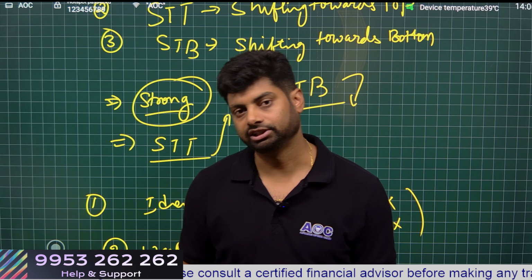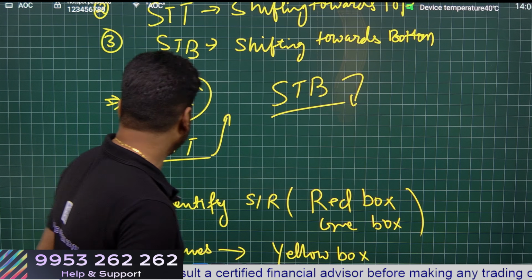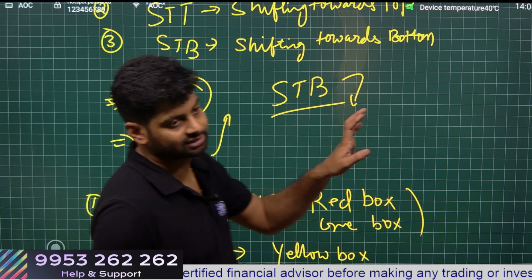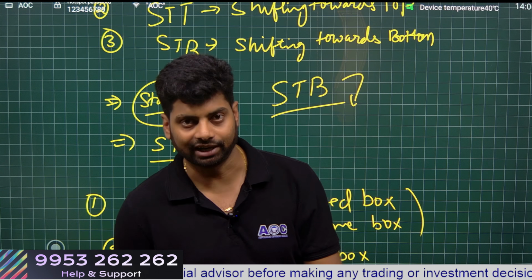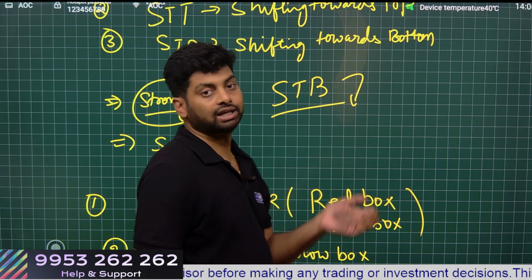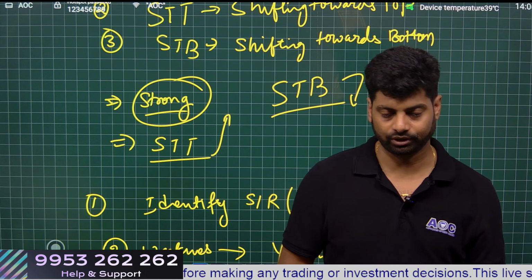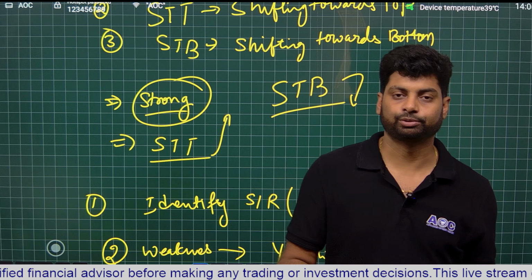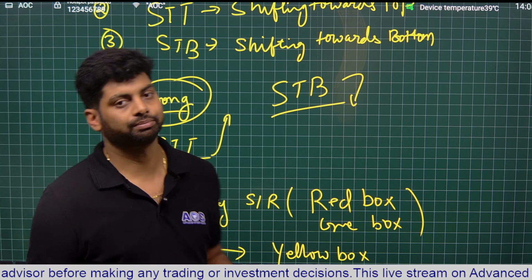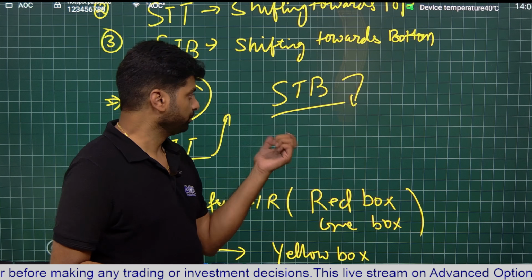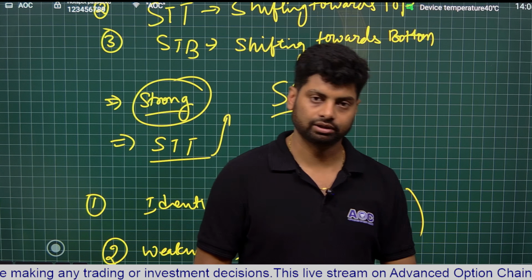This will create a bullish pressure on the market. Similarly, a support or resistance that is very likely to shift to a lower strike price is called an STB support or resistance. That is, it is going to shift to a lower, smaller strike price, which will create a bearish pressure on the market.